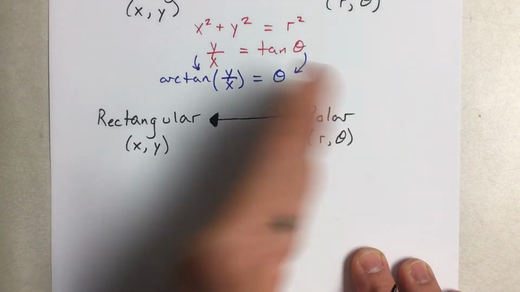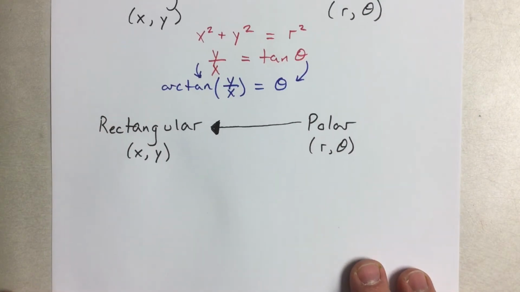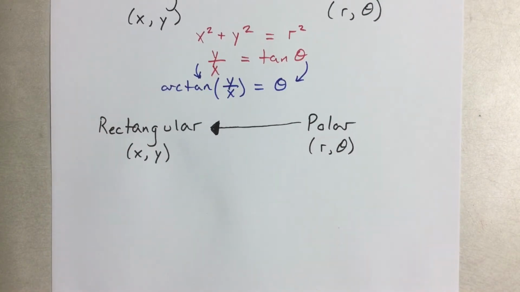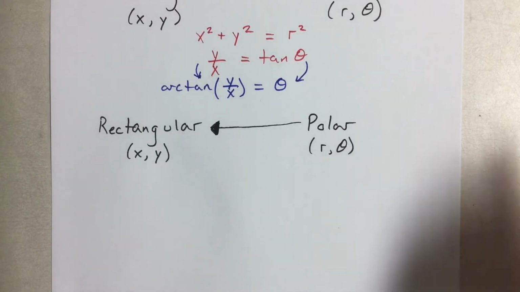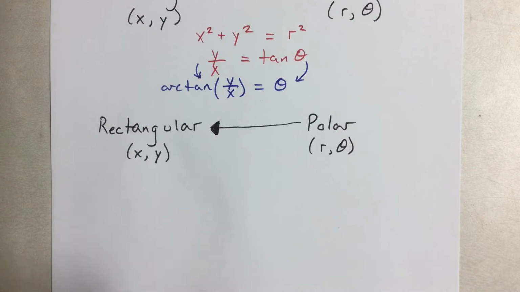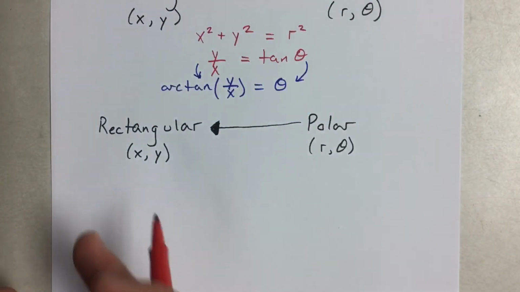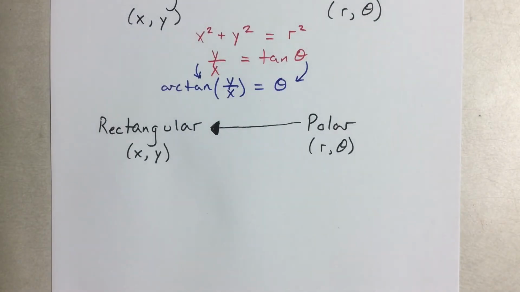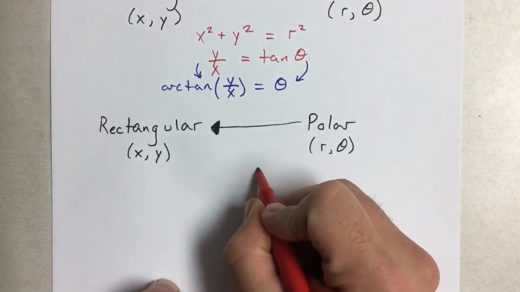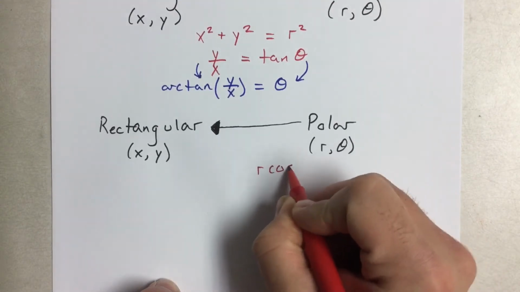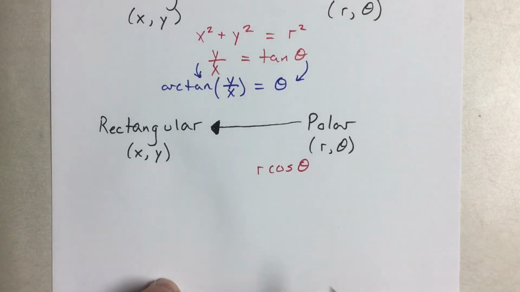How do we convert from polar to rectangular? Well, these are actually much simpler, much more straightforward. So now I have a radius and I have my theta. How can I convert that coordinate into the rectangular system? Remember, guys, these coordinates represent the same location, it's just they're in different systems. So if I want to go from polar to rectangular, r, the radius, times cosine of theta, that should look familiar.